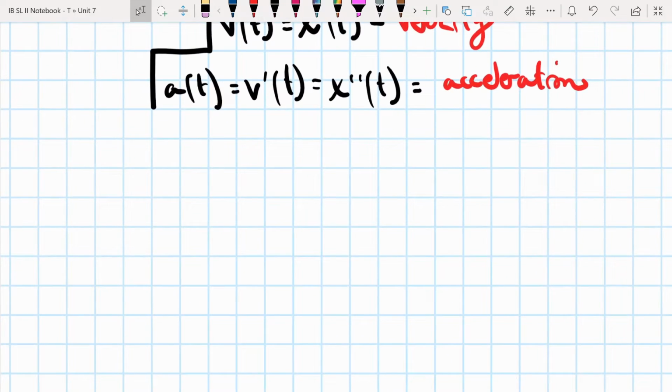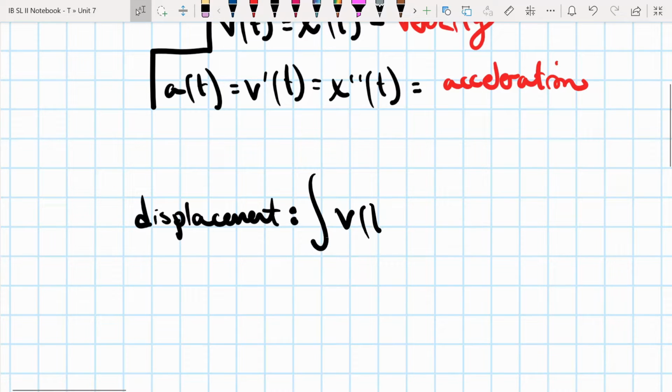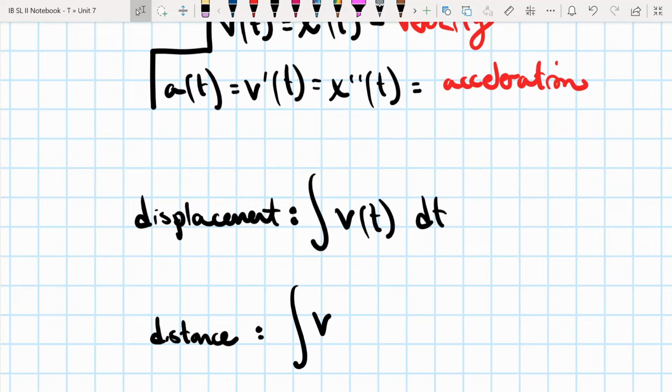Okay, next. The displacement of a function is equal to the integral of the velocity. The distance, not displacement, distance, is equal to the integral of the absolute value of velocity.